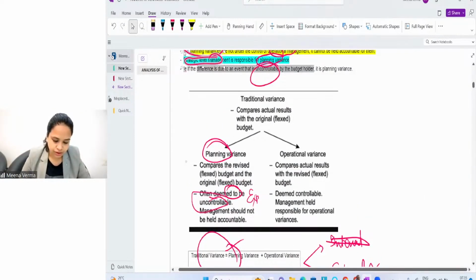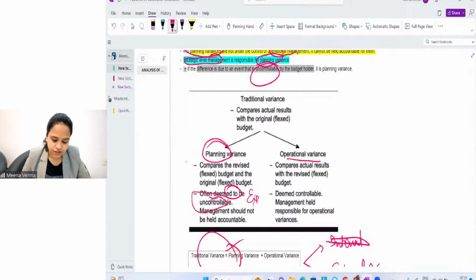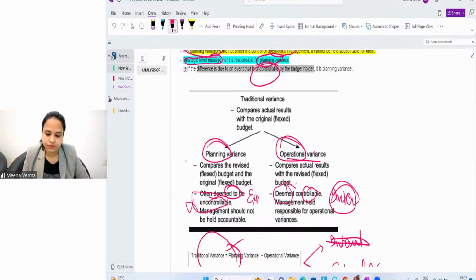And operational variation arises because of the internal environment, and you can control the internal environment. So it is deemed controllable. These are advanced level variations. You have never heard about these variations in your basic classes, है ना? In your CA Inter you have never heard about it.